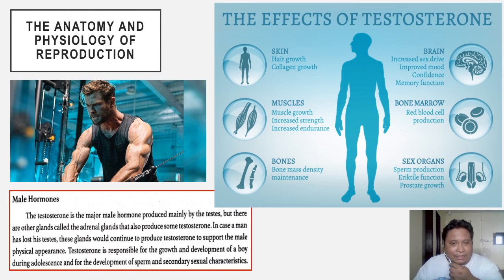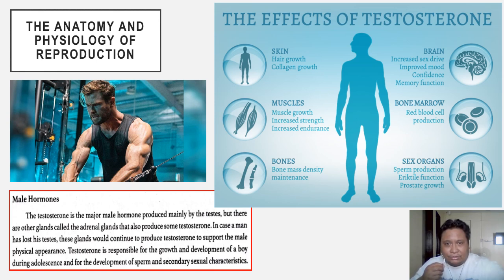In case a man has lost his testes, these glands would continue to produce testosterone to support the male physical appearance. Testosterone is responsible for the growth and development of a boy during adolescence and for the development of sperm and secondary sexual characteristics.